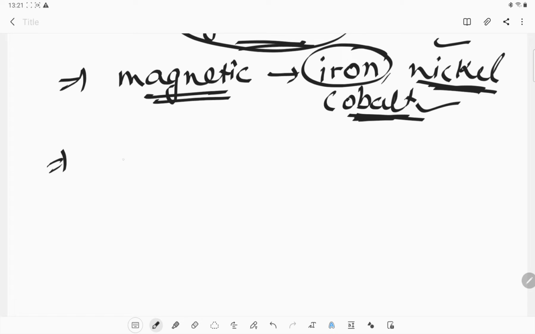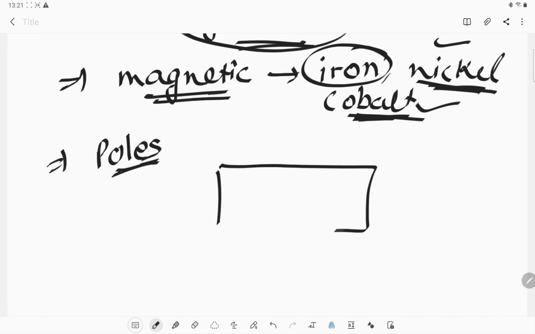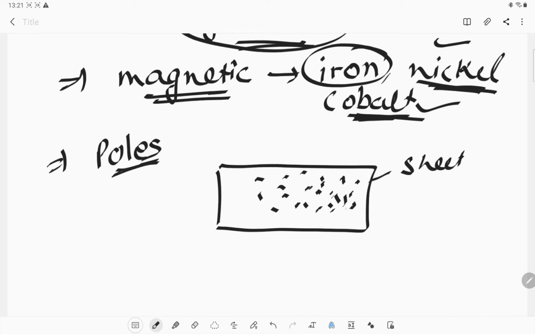Okay, then one more thing they figured out, like poles. The magnet has some poles. How did they figure it out? They take a sheet of paper, and they put some iron filings on it. What are iron filings? They are small pieces of iron.